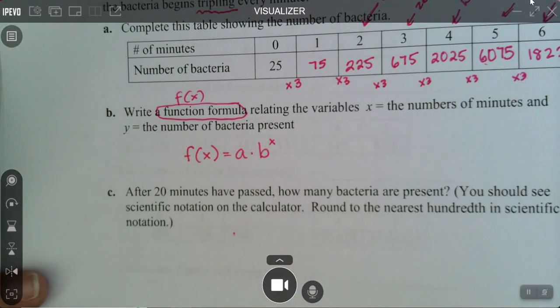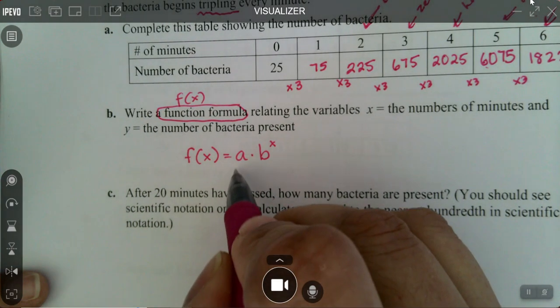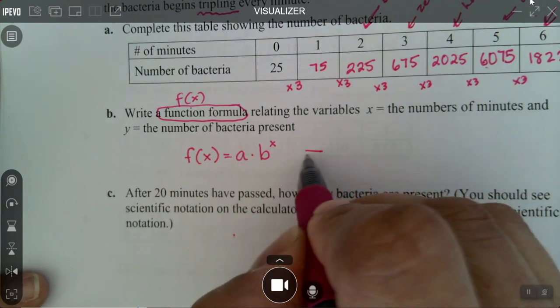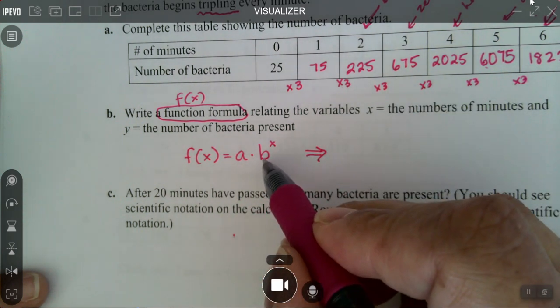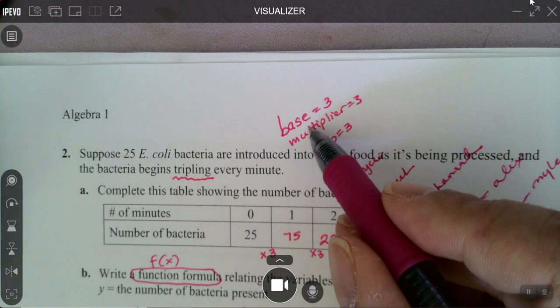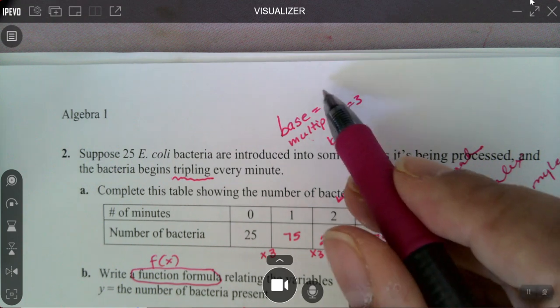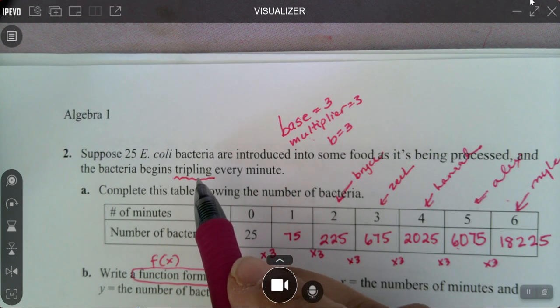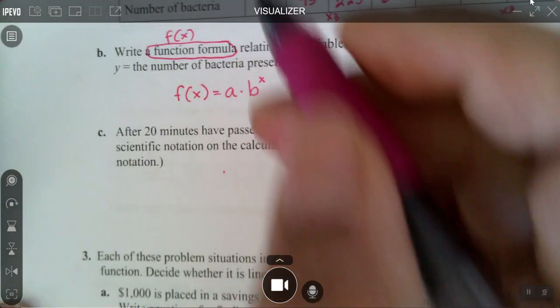What is a? It's going to be 25. And what is b? No, b is the multiplier, the factor, the base. We already established that the factor, the base, the multiplier was 3, because this is tripling. If it was doubling, it would be 2. If it was half-life, it would be 1/2.